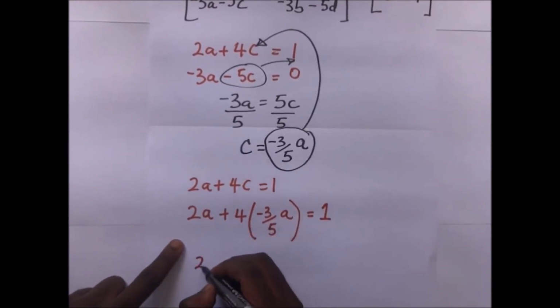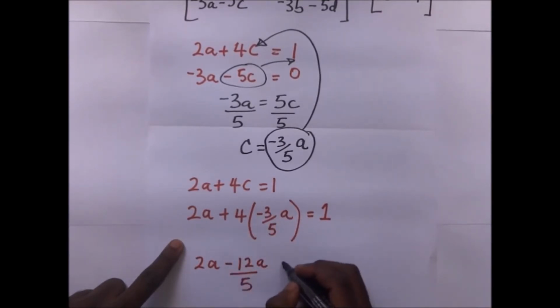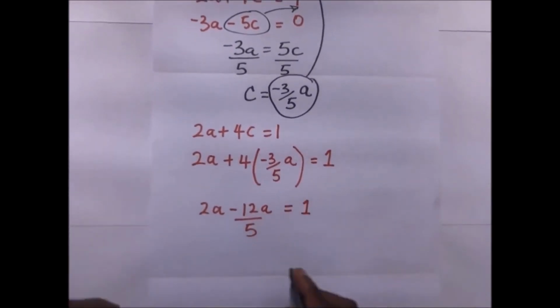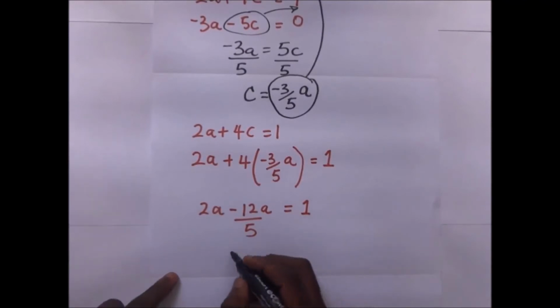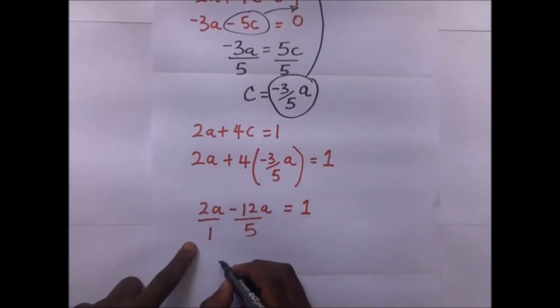So this is going to become 2A. This times that is minus 12A over 5 is equal to 1. So our value of A here, 2A minus that, is over 1.